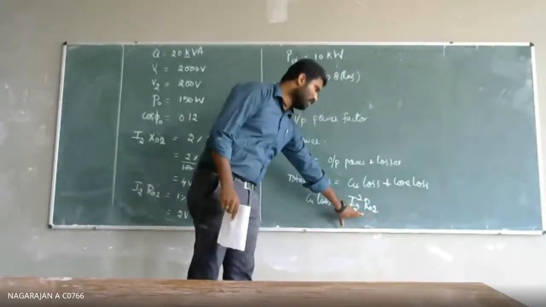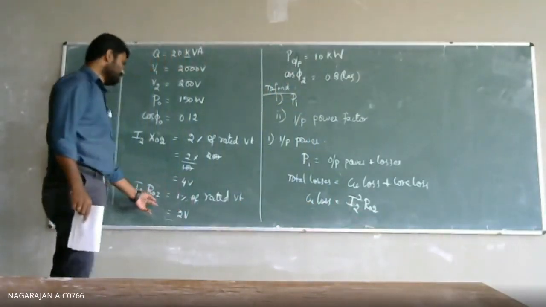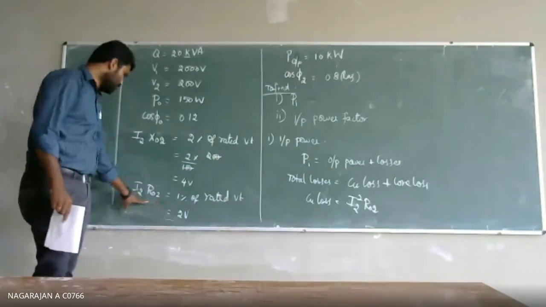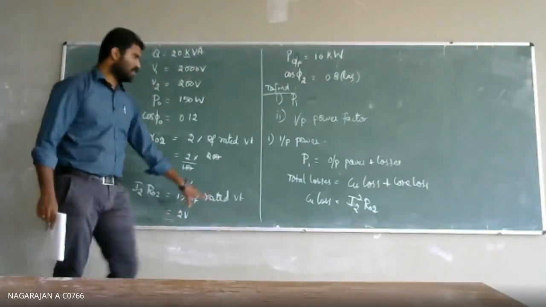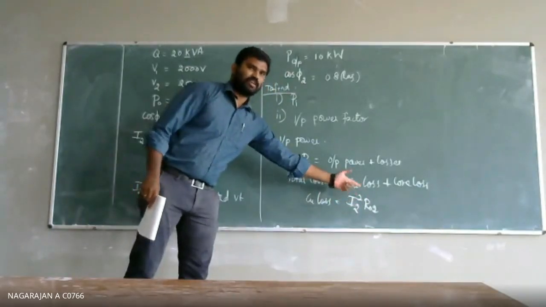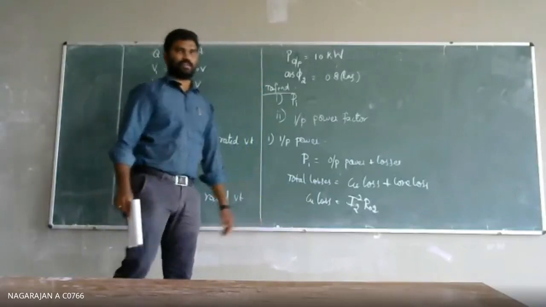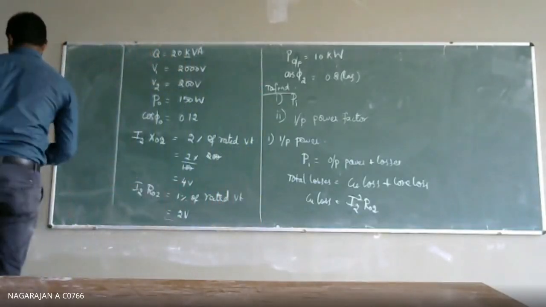R naught 2 value is not given in the problem directly. They have given it indirectly from this value. I2 R naught 2 is 2 volts. But we need to find out I2 square R naught. So for that we need to find out I2 value separately and R naught value separately. Okay. So let us go to that.